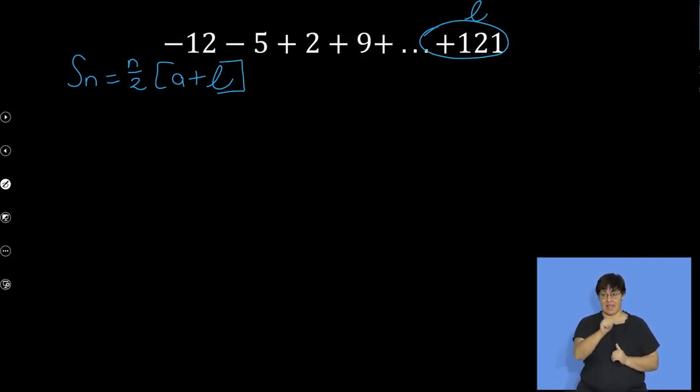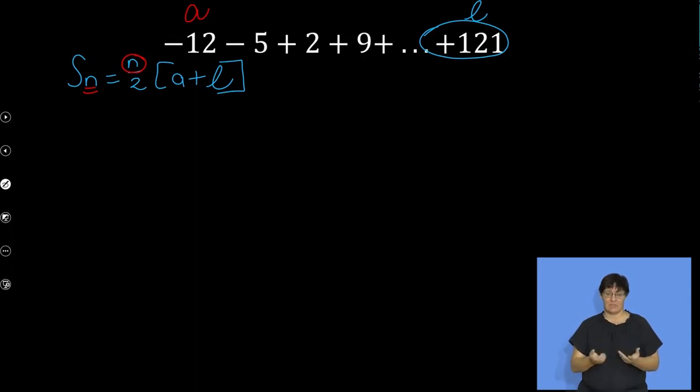A is negative 12 because I know that that is the value of the first term. But an issue is going to come because I don't know what the value of n is yet. And I need to know the value of n because I need to know how many terms are actually involved in this sum.